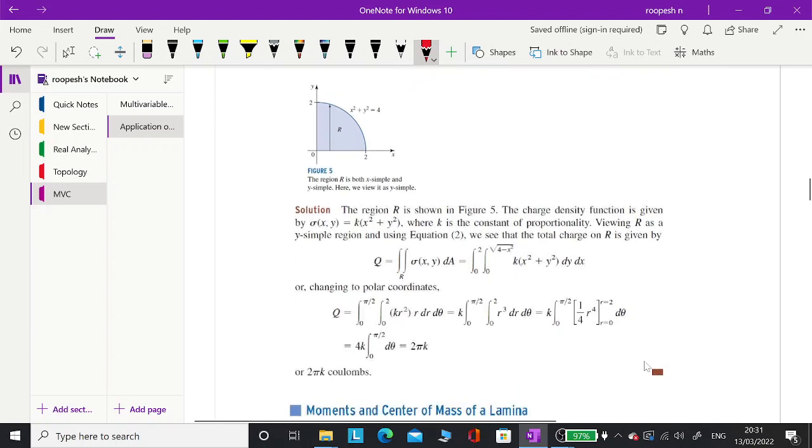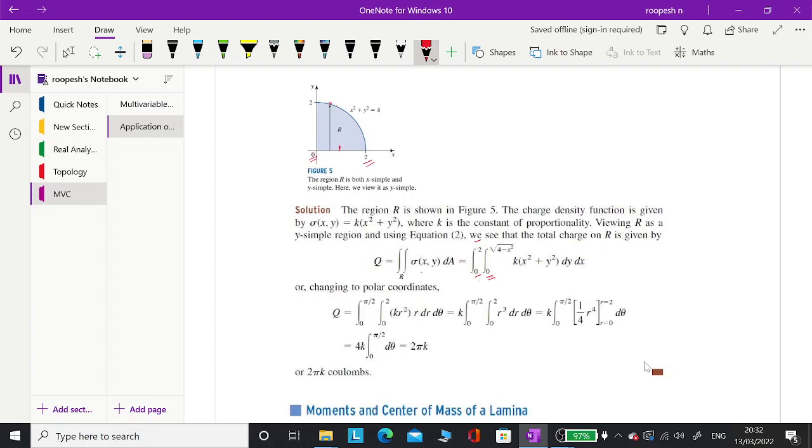Here they have done it in Cartesian form, the integral over R of sigma(x, y) dA. First we are finding the x value, so x ranges from 0 to 2. Next is our y value, which ranges from this side to here. Here it is y equal to 0, the equation of the x-axis, right? So I have put y equal to 0. Then from here to here, what is the point here?